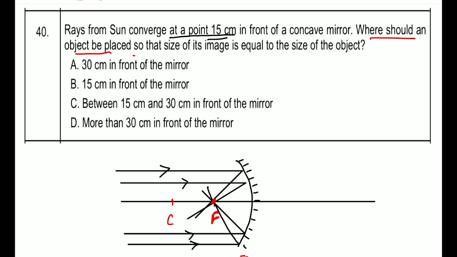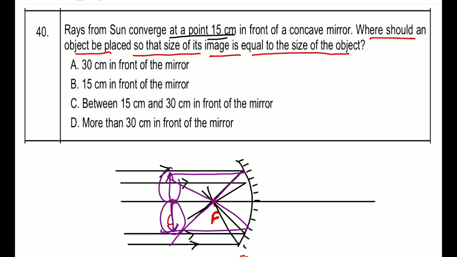Where should an object be placed so that the size of its image is equal to the size of the object? If you remember, if your object is placed at the center of curvature, then you get a same size but inverted image of your object.